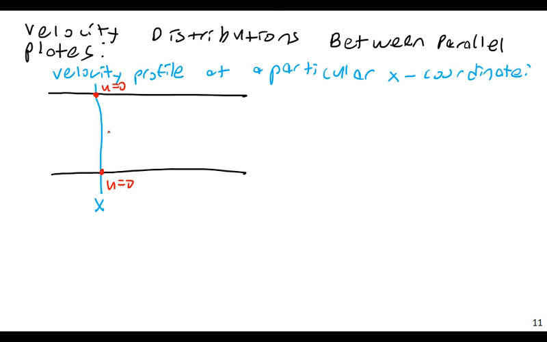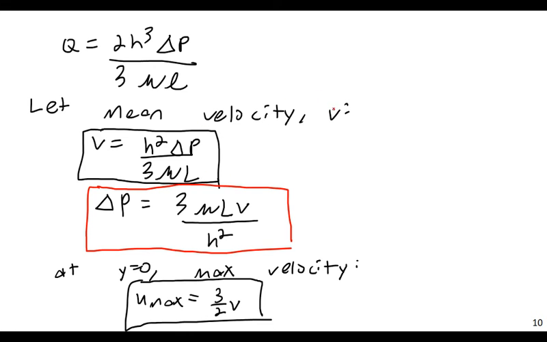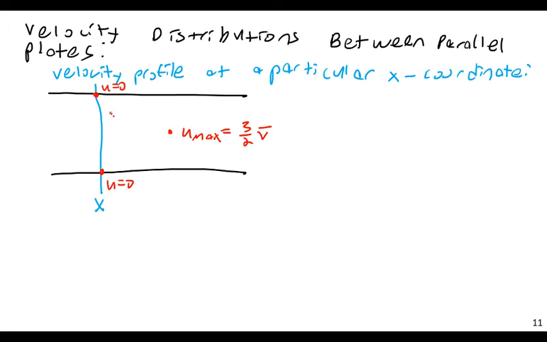Then at the center, I would have u max equals 3/2 v, where v is not the y velocity, it is the average velocity. Maybe I could call it v bar. I like that a little better, actually. So v bar.